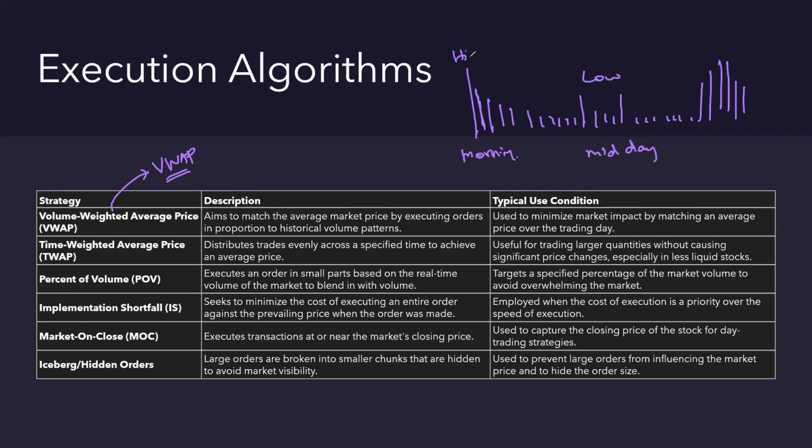So morning it will be high, and even in the late afternoon or evening hours, around the market closing, volume flow will be high again. So when the volume flow is very high, what will institutions be sending? The institutions will be sending more orders, right?